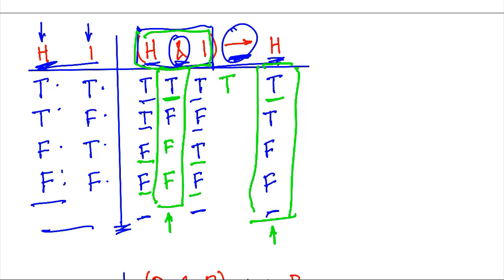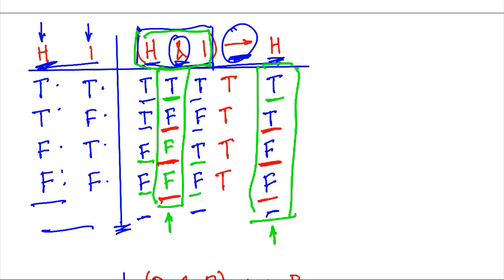Actually, let me use another color again. Okay, when the antecedent is false and the consequent is true, the conditional is true. When the antecedent is false and the consequent is false, the whole sentence is true. And we have the same thing here. So the whole sentence is true.